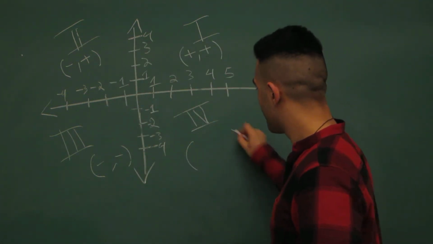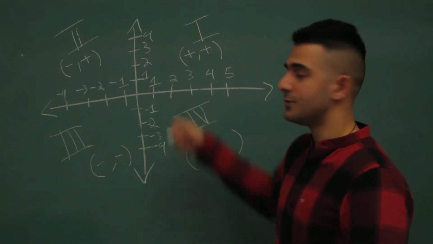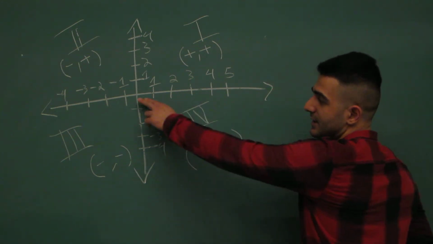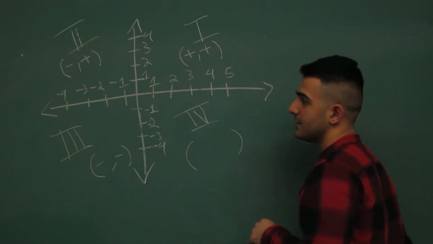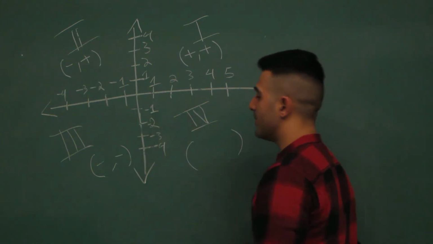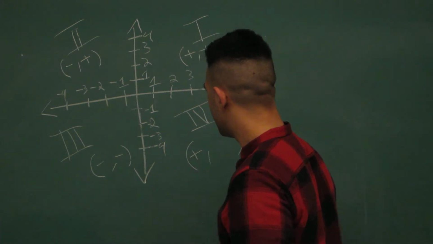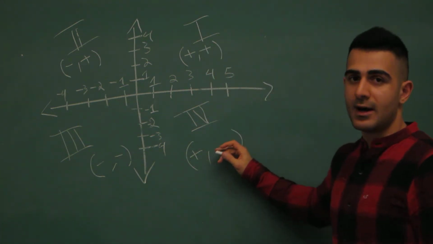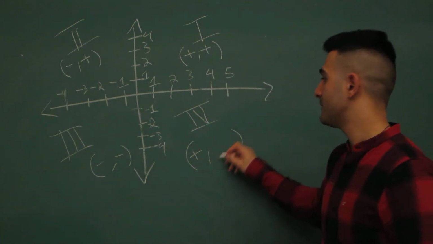Finally, what about quadrant 4? We see that any value for the x along the x-axis for quadrant 4 will have to be positive, and any y value for quadrant 4 will have to be negative.